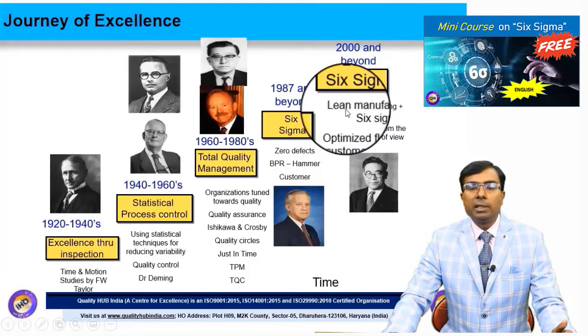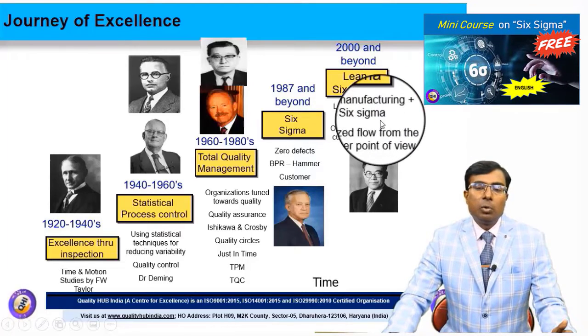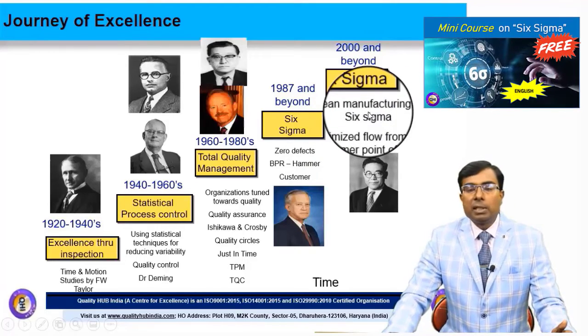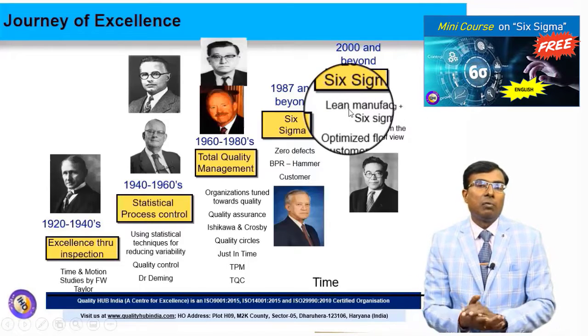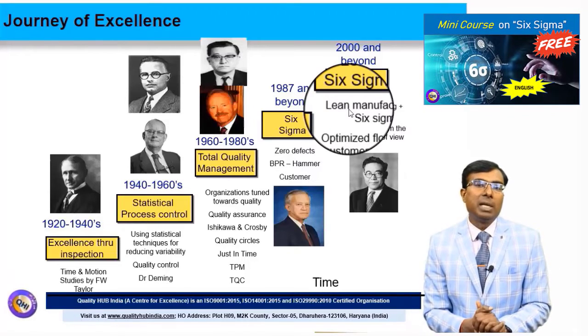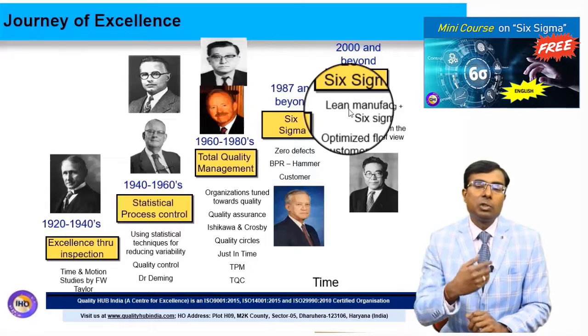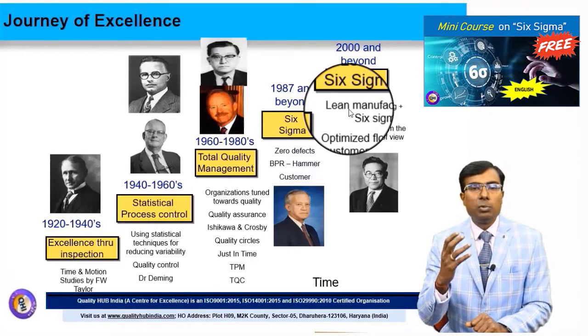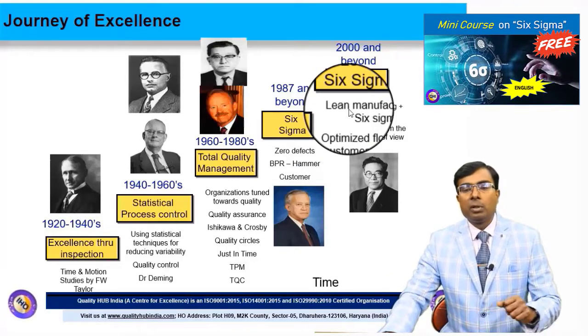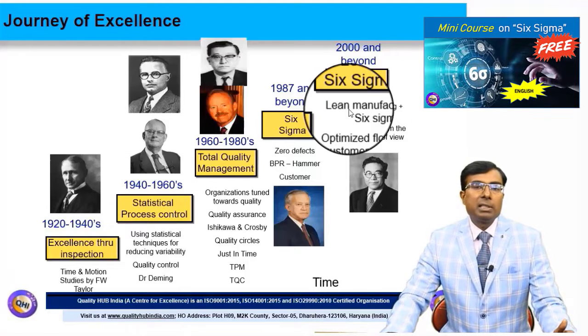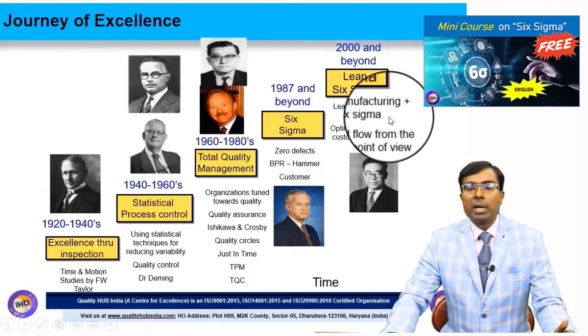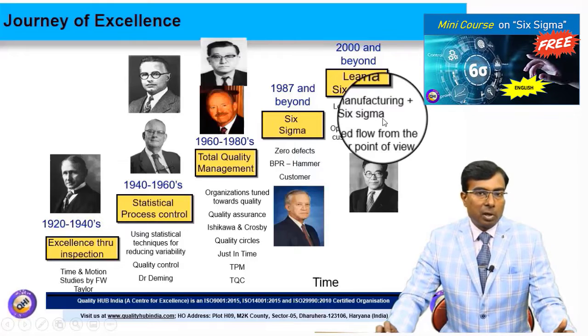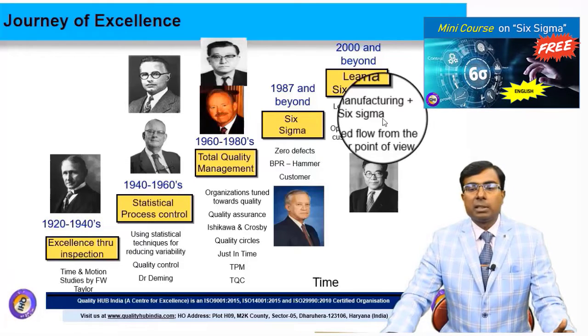Lean manufacturing and Six Sigma both have their unique features. Lean primarily focuses on waste reduction or elimination of waste. We know that there are 7 kinds of waste. In fact, there are Muda, Mura and Muri, the 3Ms, which organizations focus on for elimination or reduction of waste, whereas Six Sigma works on the principle of variation reduction.